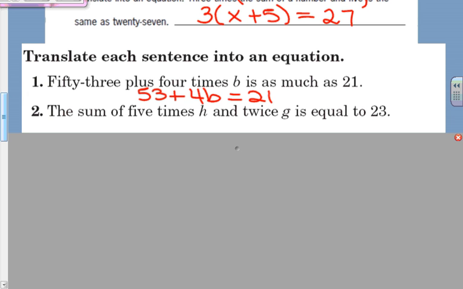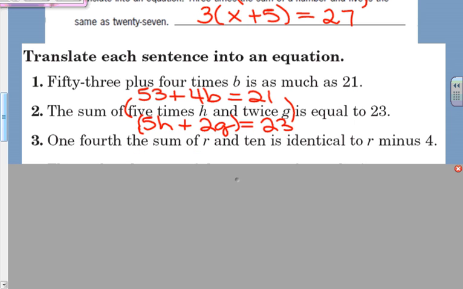So the sum of, here we go again, the sum of, that'll be in parentheses, 5h plus 2g, twice g, is equal to 23. So you can put this in parentheses, or you could have left it out because there's nothing that goes in front of it. But either way, the sum of tells you to put those two together, 5h and 2g.